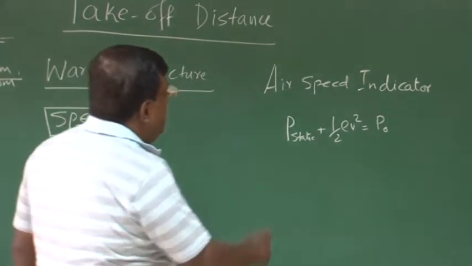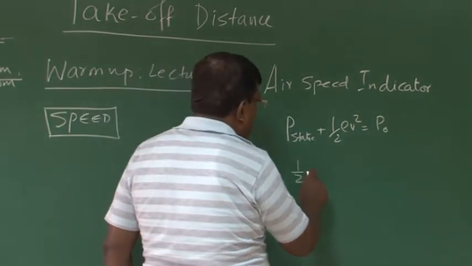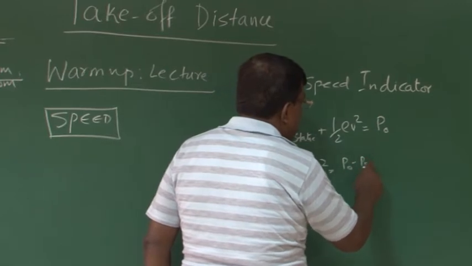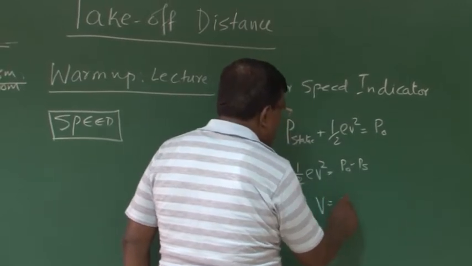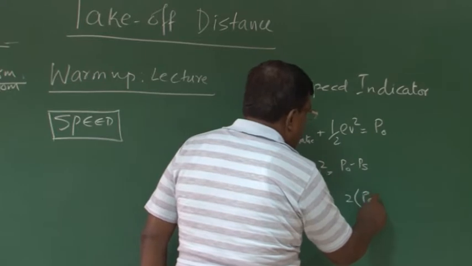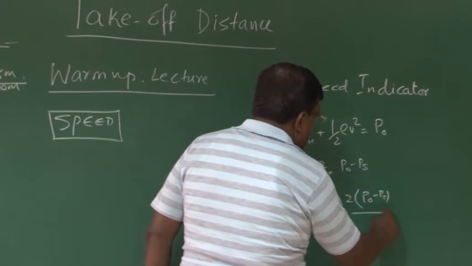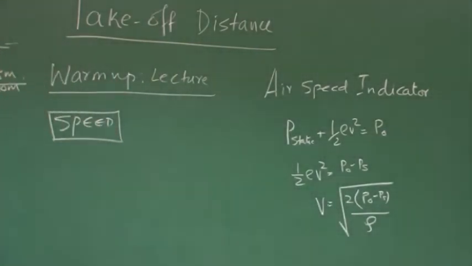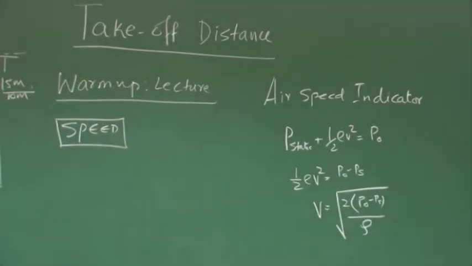And we also know from here that half rho V square is P naught minus P static. So V is under root 2 times P naught minus P static by rho. Okay? And we have seen that in an airspeed indicator there are 2 inlets.